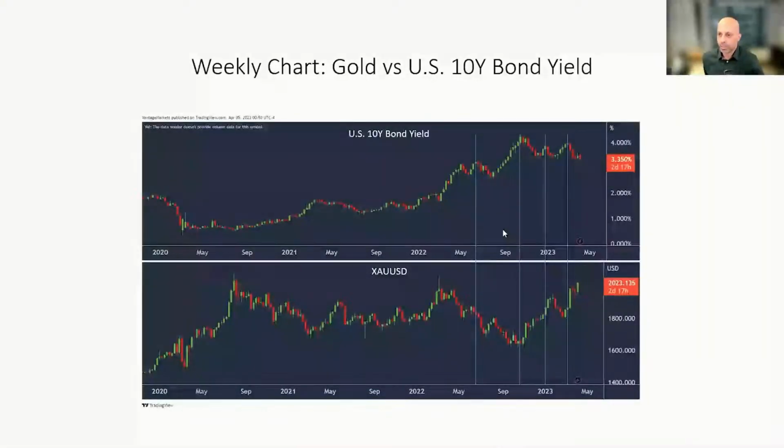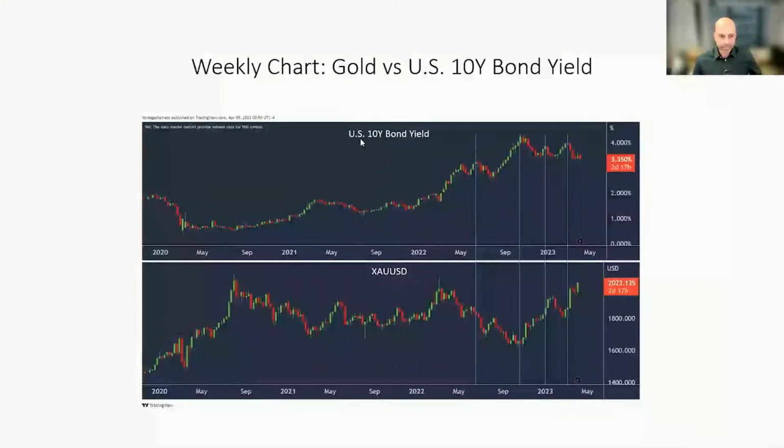Okay, now we'll compare two charts. So we know that real rates, bond yields, and the strength of the US dollar affect the price of gold, right? So what we have here is a chart of the US 10-year bond yield with the instrument XAU USD. Just to note that this bond yield is the nominal bond yield.